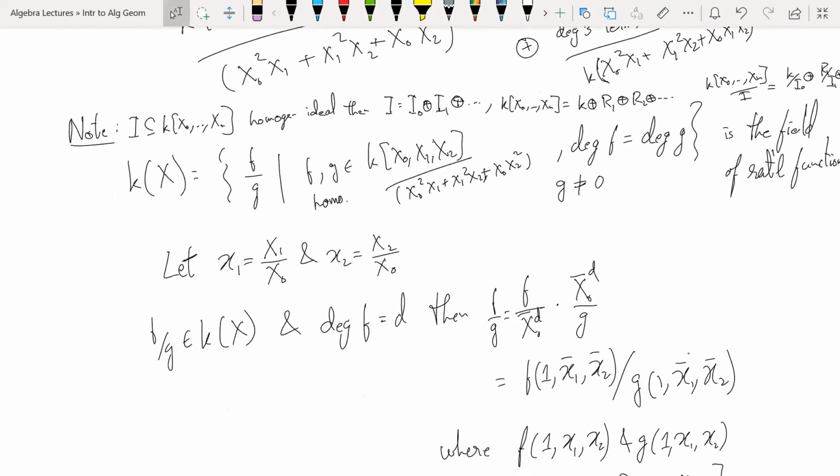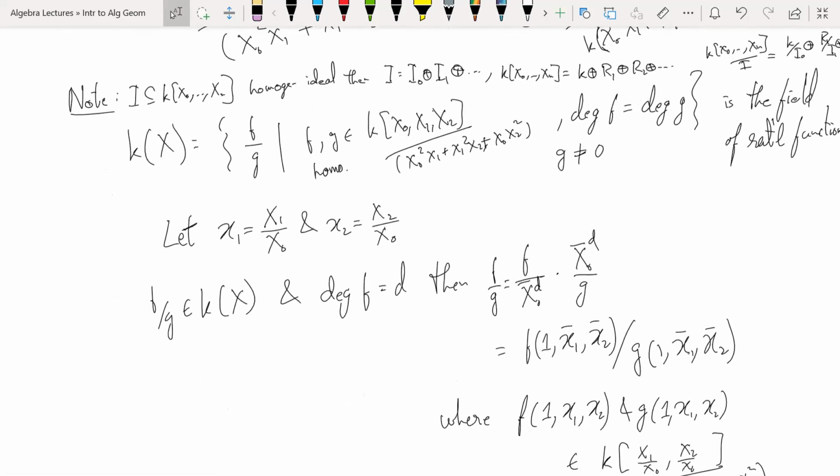Now if we take a rational function on X, it's of the form f over g, and say degree f is d, so degree g is also d. Then f over g we can also think of as f over x_0 to the power d, the image of x_0 in this quotient ring k[x_0, ..., x_n] mod the ideal, times x_0 to the power d over g.